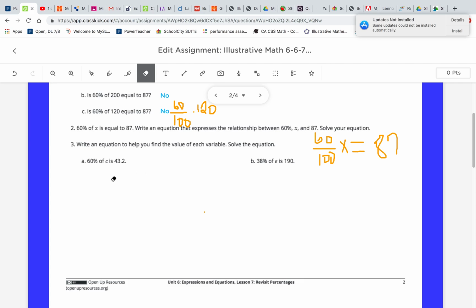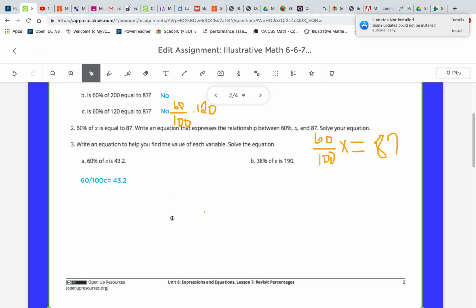Okay, so same idea. 60% of C. We're going to change the percentage to a fraction and put it times C. So for the equation, I'm going to write 60 over 100 C equals 43.2. All right, so we have that there.